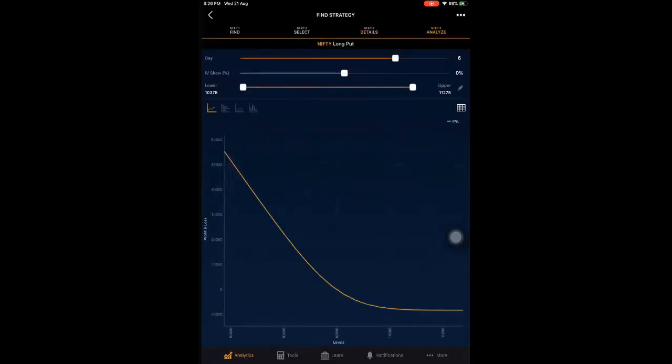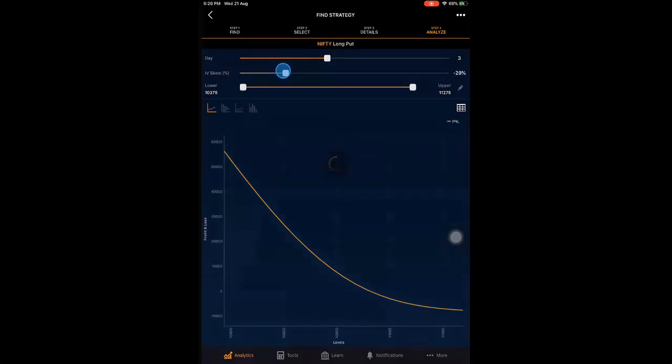When I analyze it, I can see the days left to the expiry. Based on the days, I can now do the synthetic. So you can do a much deeper analysis into it. When I reduce the days, I can see how my PNL will change. When I increase my IV skew, how my PNL will change.